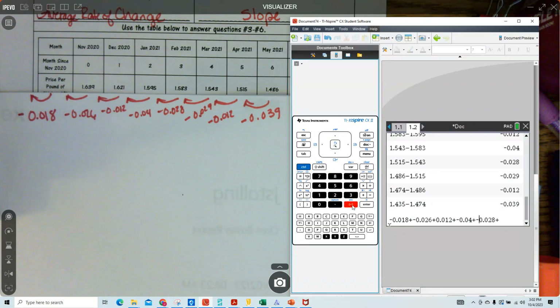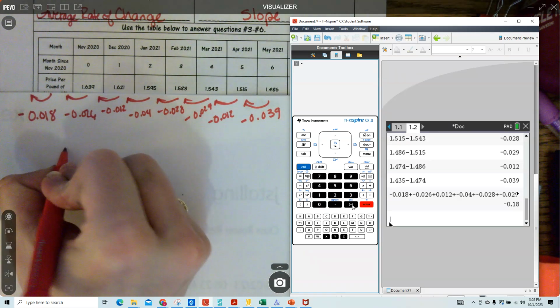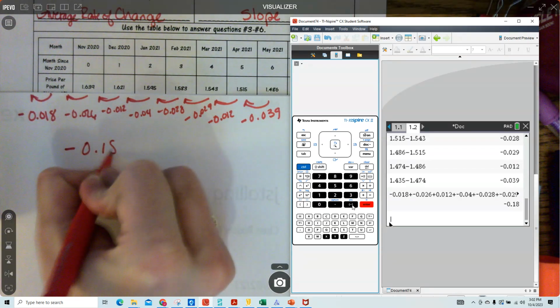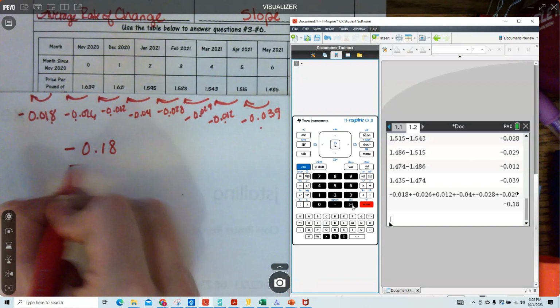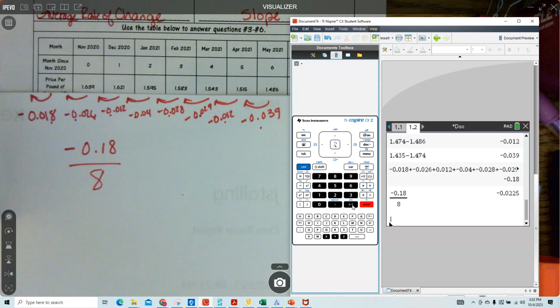And I didn't get the negative in there. 0.029. Okay, so we get negative 0.18. We've got 1, 2, 3, 4, 5, 6, 7, 8 numbers, so we divide by 8. And that's our average rate of change.